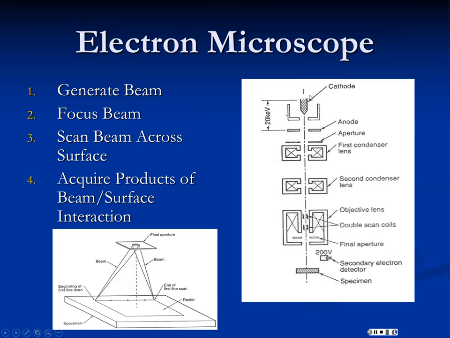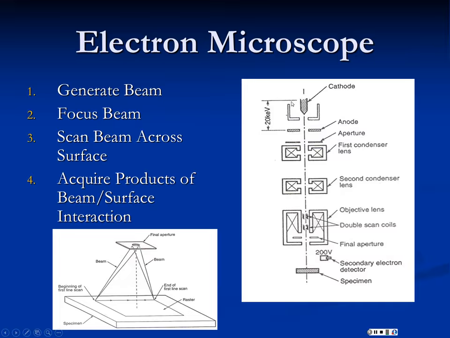It begins with a cathode, usually a tungsten wire filament, just like in a light bulb. This cathode is superheated by running a very high current through it, and that superheated cathode begins to spit loose electrons. Now we apply a very high voltage. We're talking keV, thousands of volts.